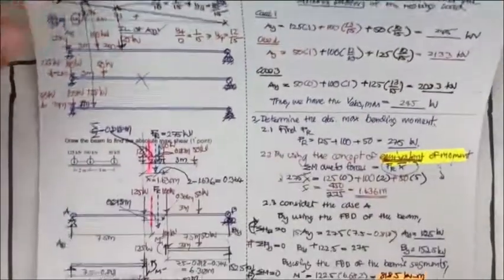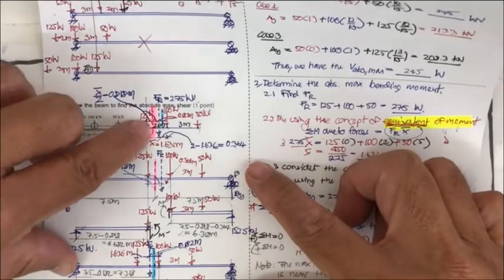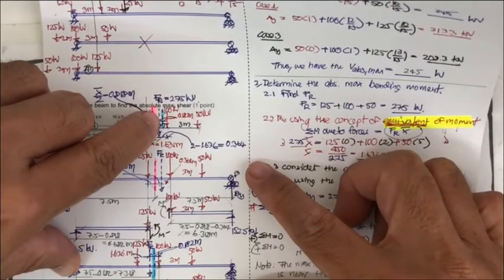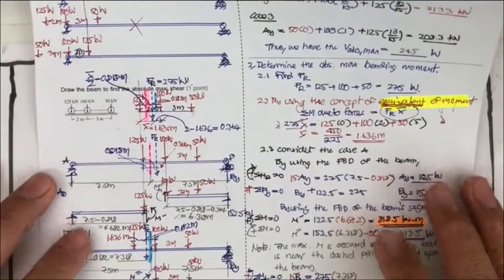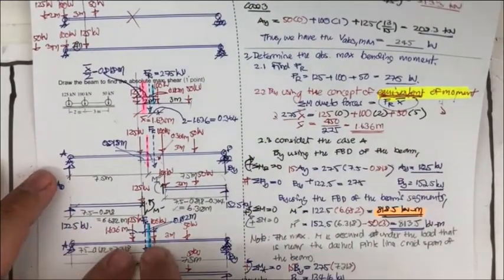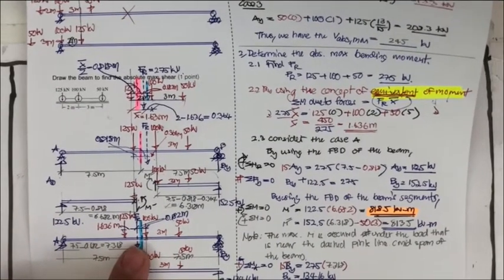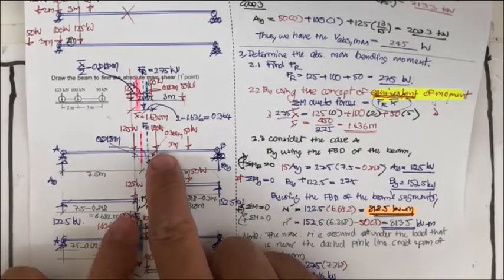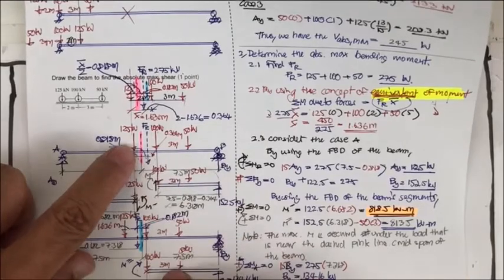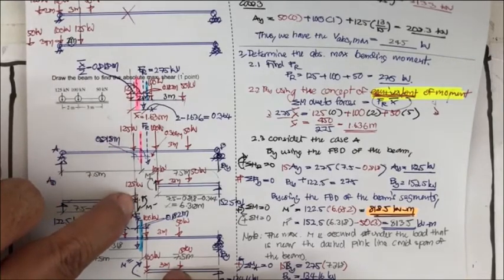For the maximum moment, we have two cases, the pink and the light blue. We also found that the light blue is going to produce the absolute maximum moment. And we also find that, comparing these two loadings, the one that's close to the middle span is going to produce the maximum moment.